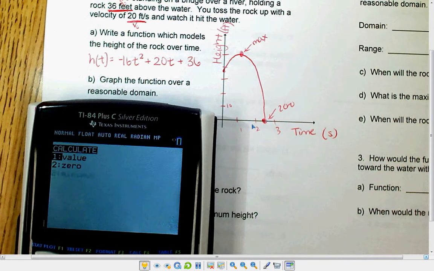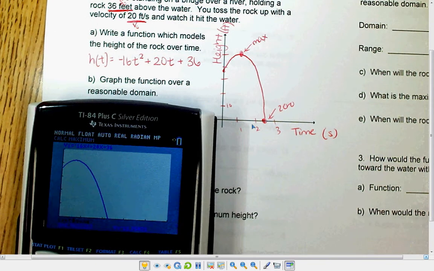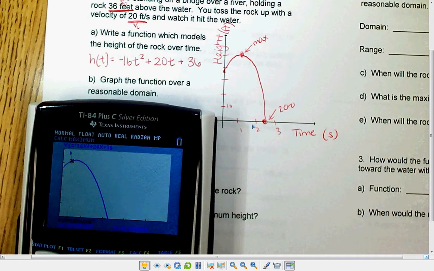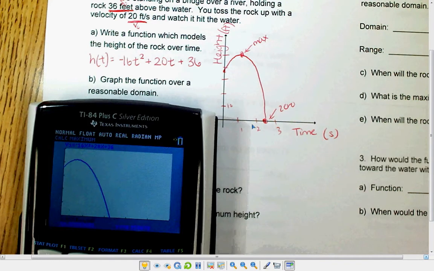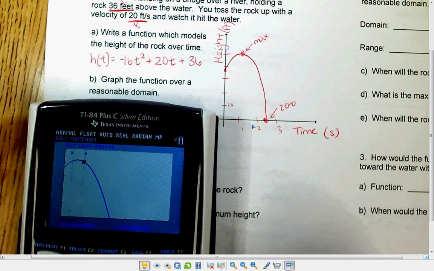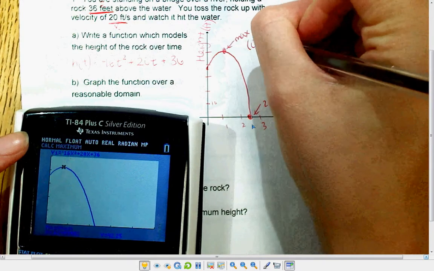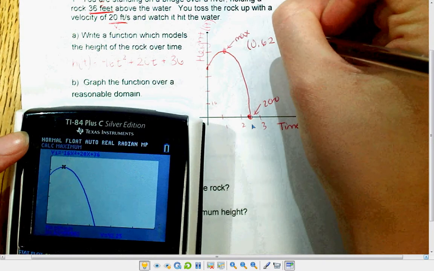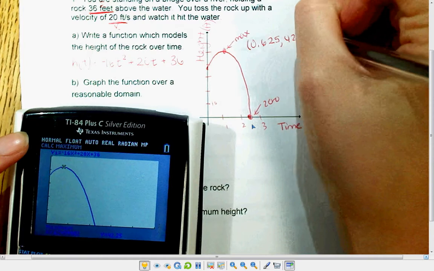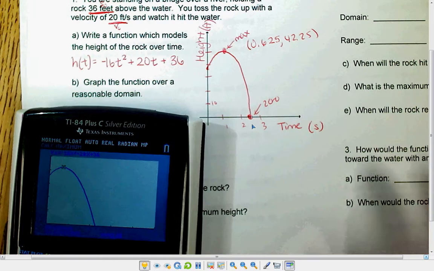So second calc, number 4, max. We're going to go to the left side of the maximum. Enter. Right side, enter. Guess, enter, and we should get a point. So we have 0.625 and 42.25. That's my maximum.